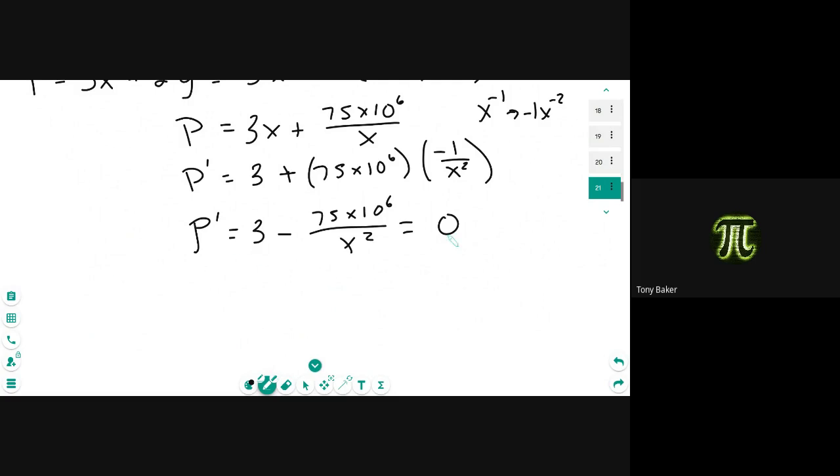So we bring the 3 over, and we've got 75 times 10 to the 6th equals 3x squared, divided by 3. The square root of that is 5,000.